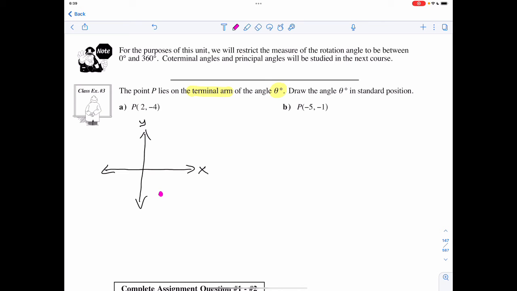So I'd have a point that exists down here somewhere. Now I know that my initial arm never moves. It always runs along those positive values for x. It's going to connect at the origin, and it's going to run through my terminal arm here. And it doesn't say whether it's positive or negative, so we're going to assume that this is a positive rotation of theta degrees.